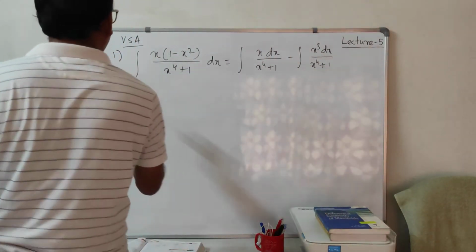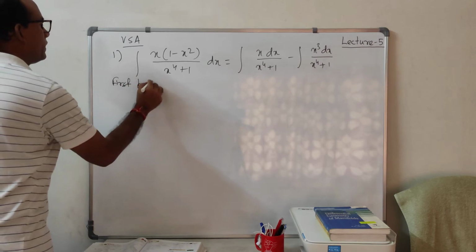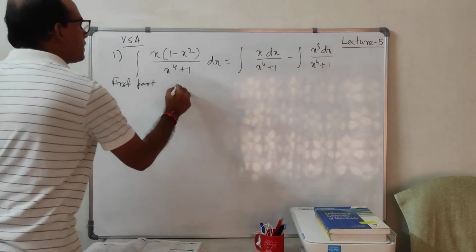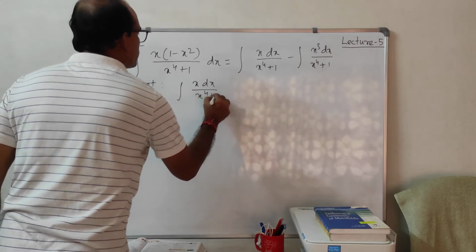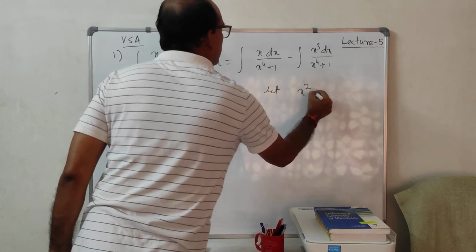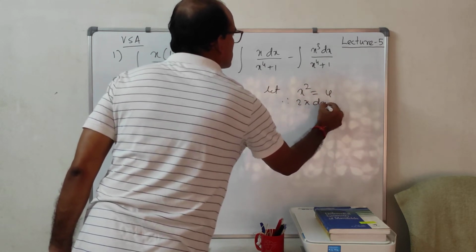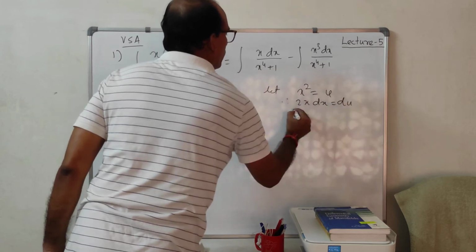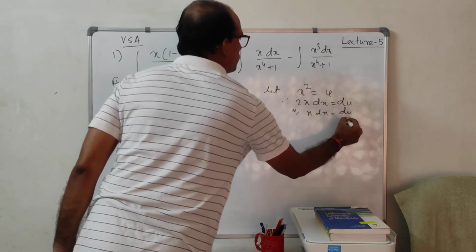For the first part, integration x dx by x to the power 4 plus 1, let us take x square equals u. Then you will get 2x dx equals du, or x dx equals du by 2.